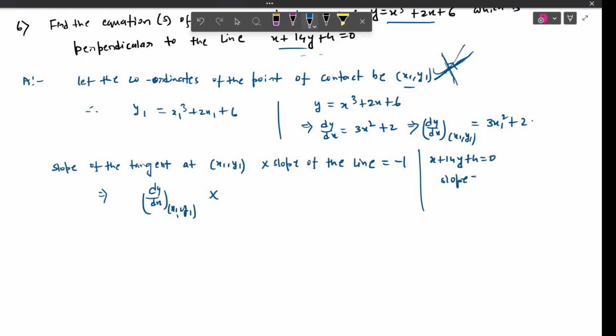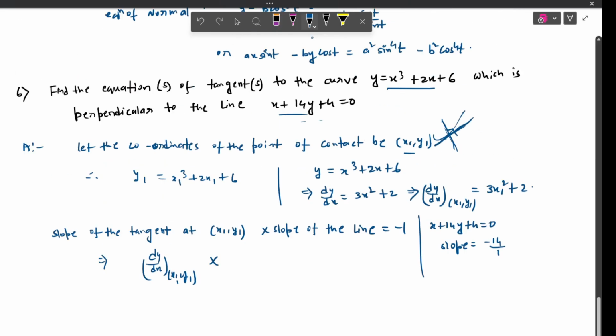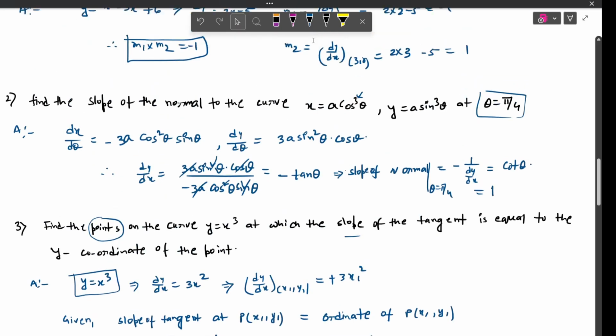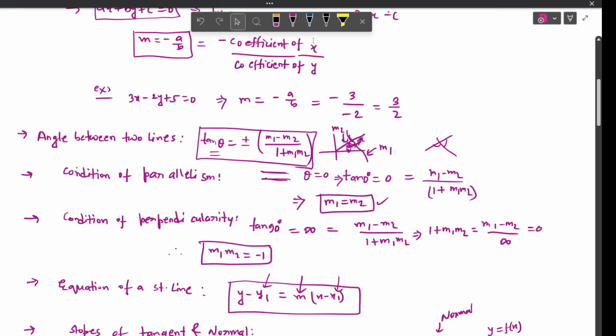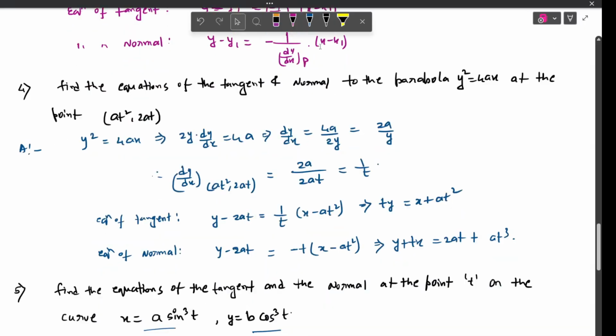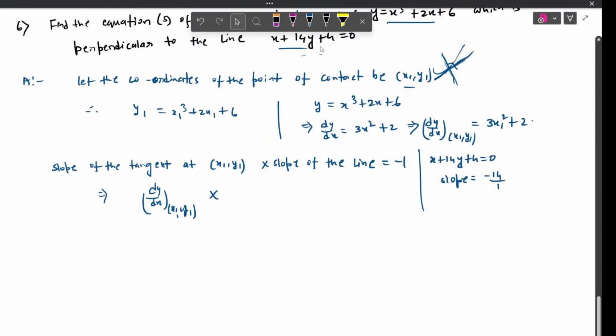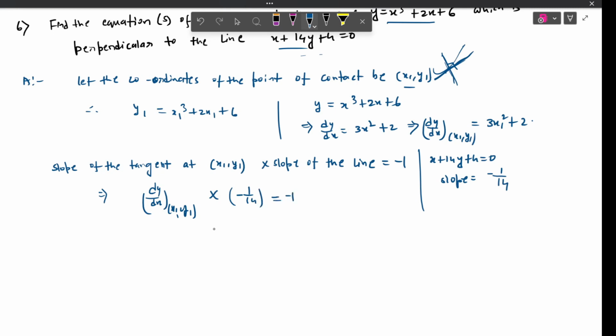So slope should be minus a by b, not b by a, that is minus 1 by 14, and multiplied it should be minus 1.